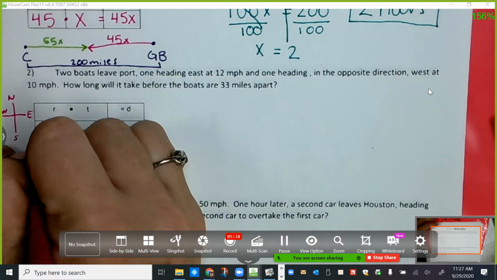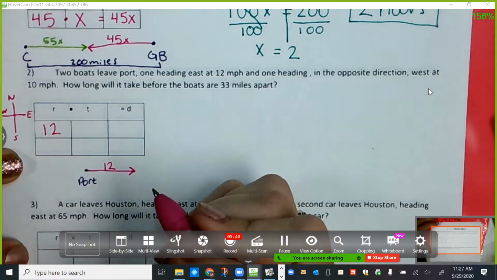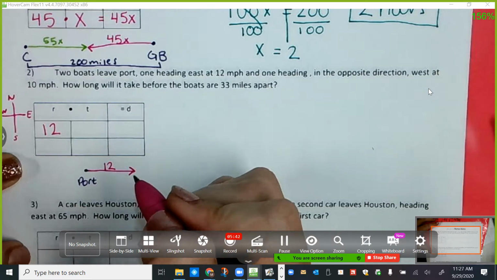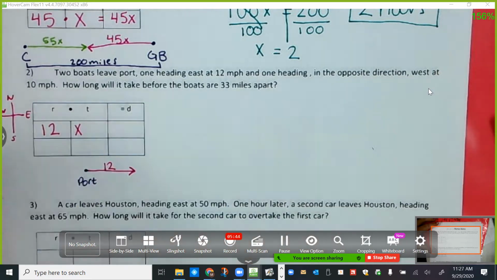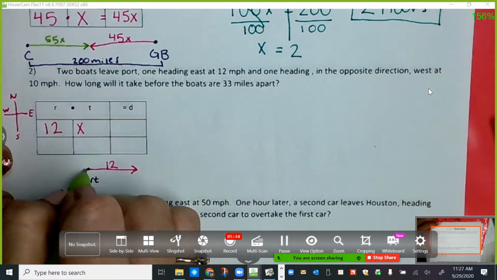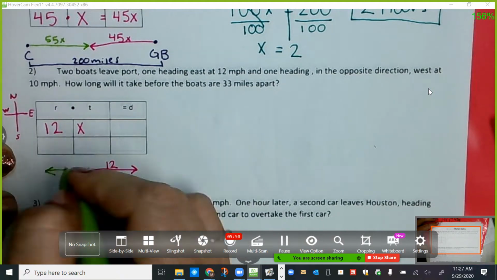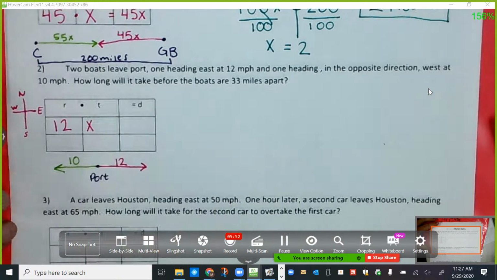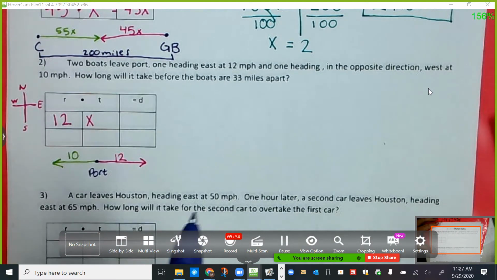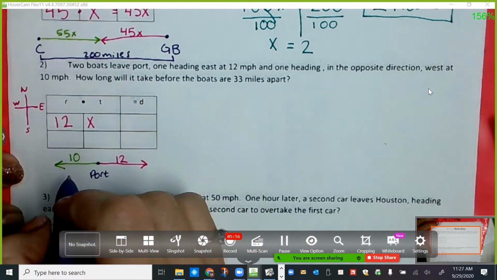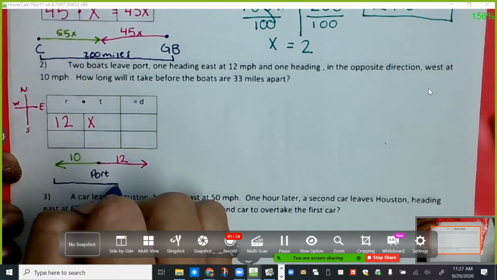So I know my first rate is 12. Do we know time? No, so we're just going to put X. And we know the other boat is heading west at 10 miles per hour. We want to know how long before the boats are 33 miles apart.